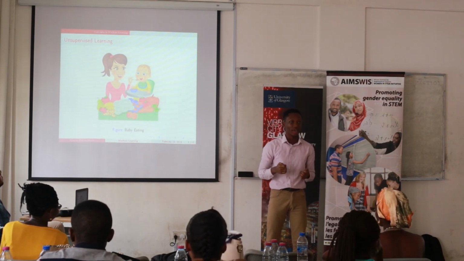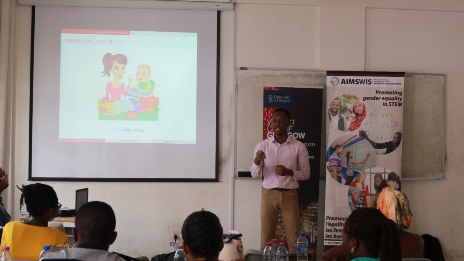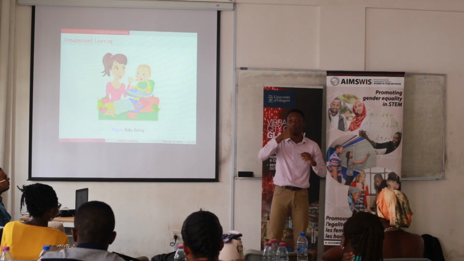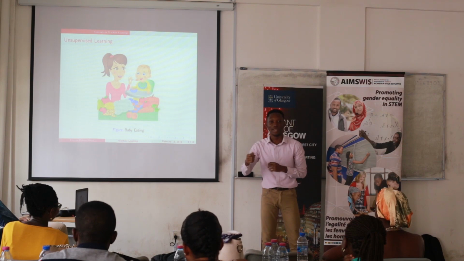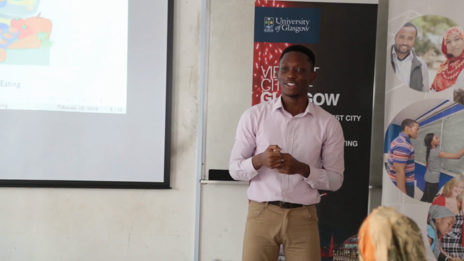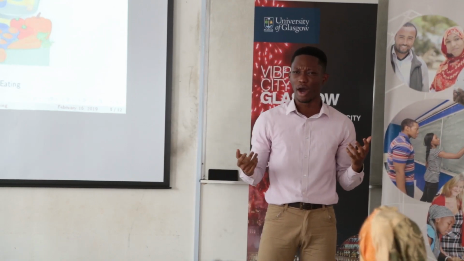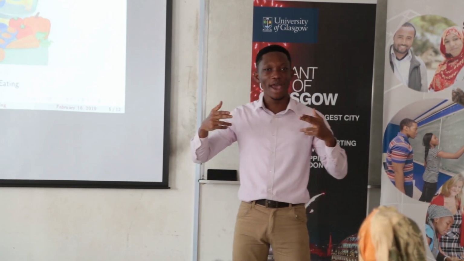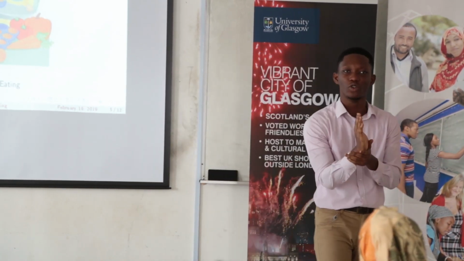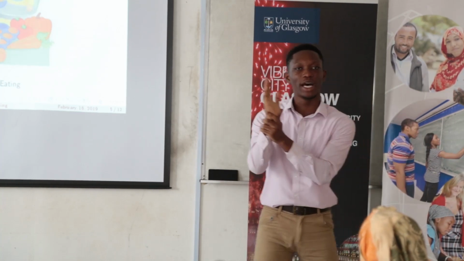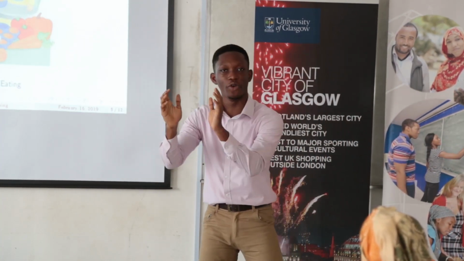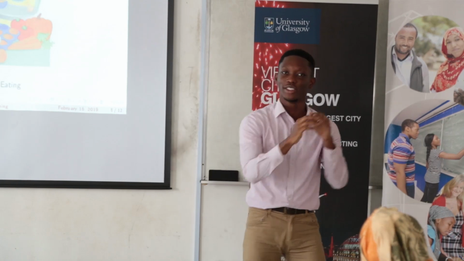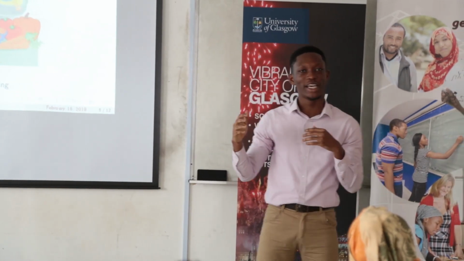Whenever I tried to give her something she doesn't like, she says no, but when I give her sweet things, she takes them. I was wondering, how did this baby know what's sweet, what's this, what's that? In her mind, she has categorized everything into sweet, sour, bitter. When you give her anything in one category, she says no, I don't like it. When you give anything in another category, she likes it. That's how supervised learning is.